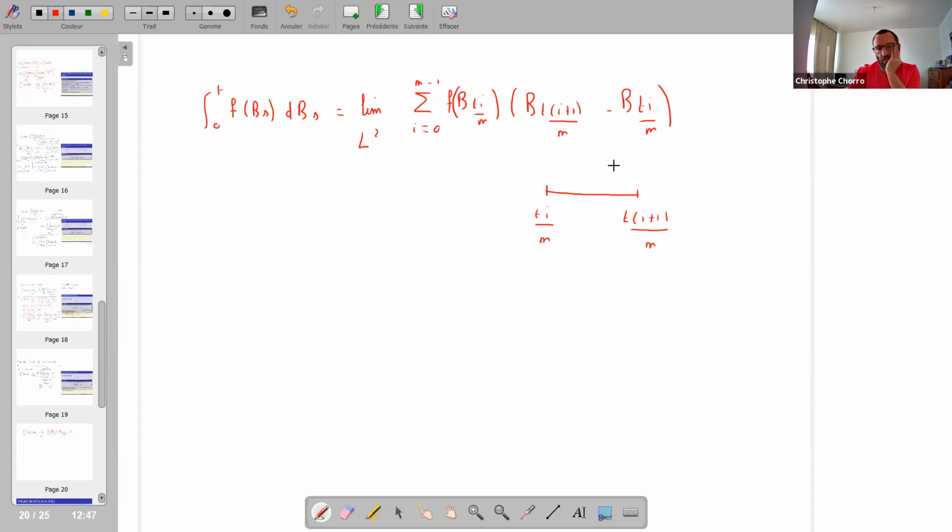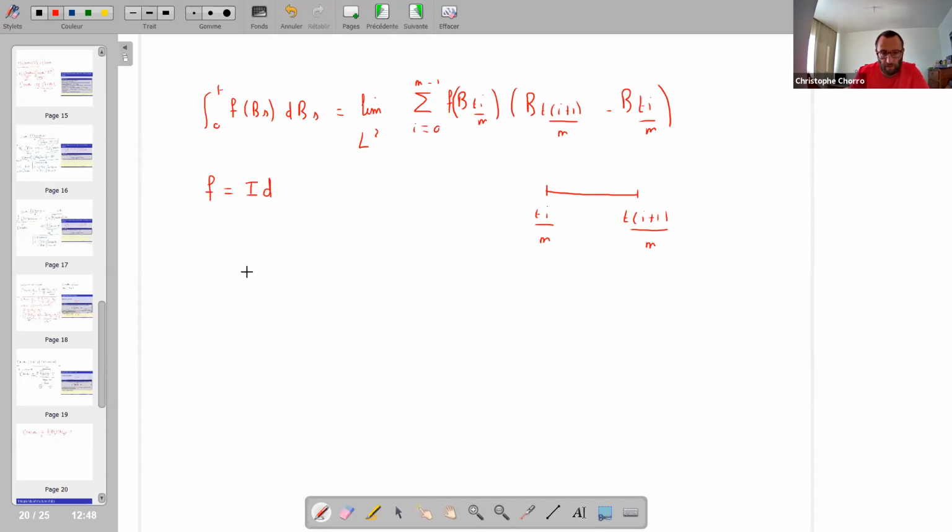What we are going to see now is that in this case, B at t_i over n is independent of this increment, and if I choose any point in the interval, I lose the definition of the integral. So let's see, for example, what happens for f equal to the identity. B at t_i over n here is this point that may be considered as the lower bound of the interval, or the upper bound, it depends because I don't know which one is the greatest here, but one bound of the interval.